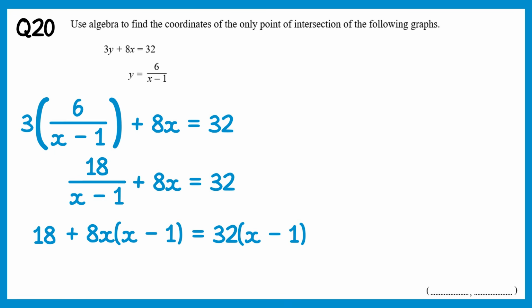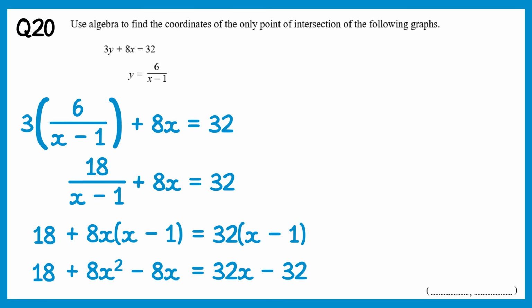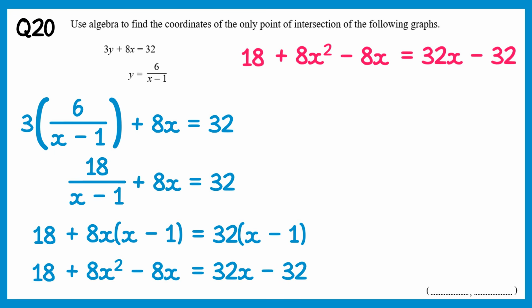Now we can do a bit of multiplying out here, so we've got 18, we do 8x times x, which is 8x squared, 8x times negative 1, negative 8x, and then on the right-hand side, 32 times x minus 1 will give you 32x minus 32. Let's take that up here and continue. So it makes sense now to get all of the terms on one side, probably the left-hand side, since we've got positive 8x squared there.